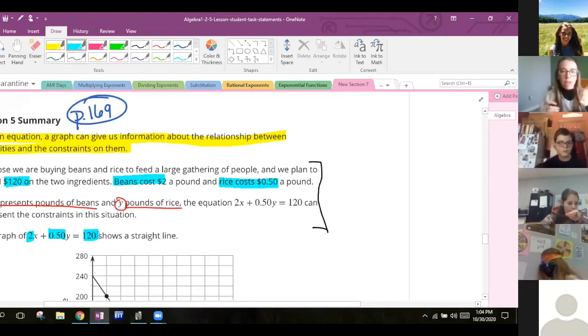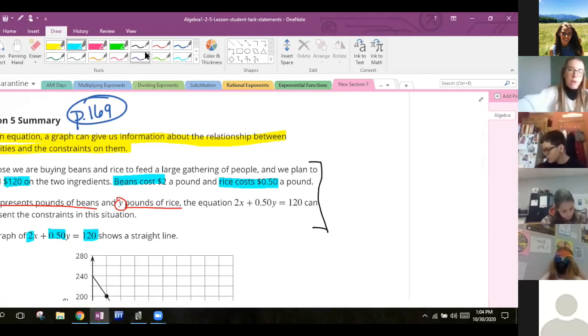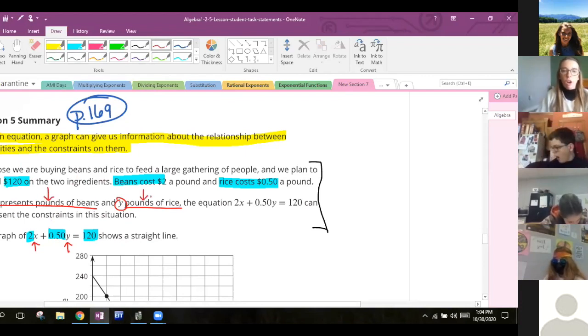They're represented by their actual numbers, but the X and Y, which stand for the pounds of beans and the pounds of rice, all of the cost is going to depend on how many pounds of beans and rice you get. So those amounts can change. So that's why the pounds of beans and rice are represented by variables.